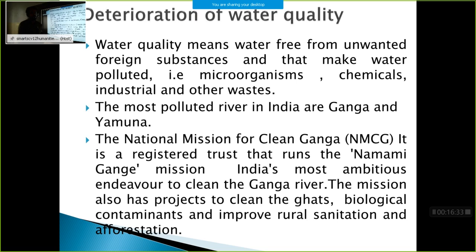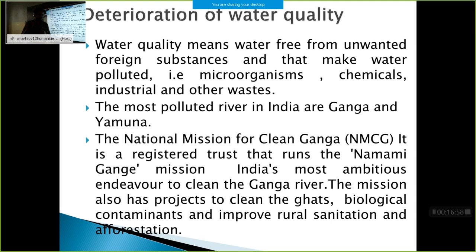Now, deterioration of water quality. Water quality means water free from unwanted foreign substances that make water polluted, that is microorganisms, chemicals, industrial and other wastes. You all know that. You must have seen in some rivers while you are traveling, you can see lots and lots of waste in rivers.